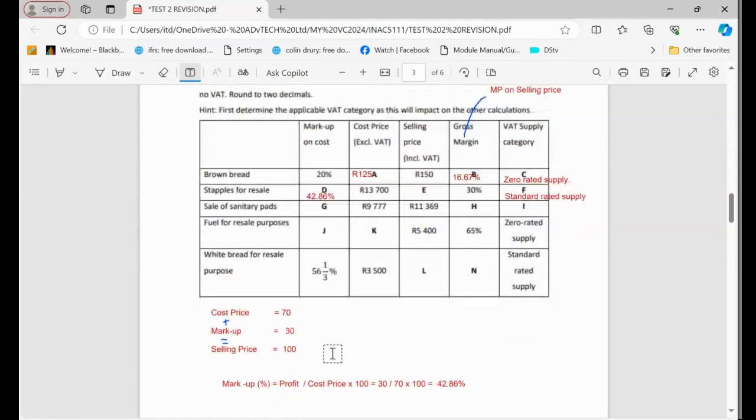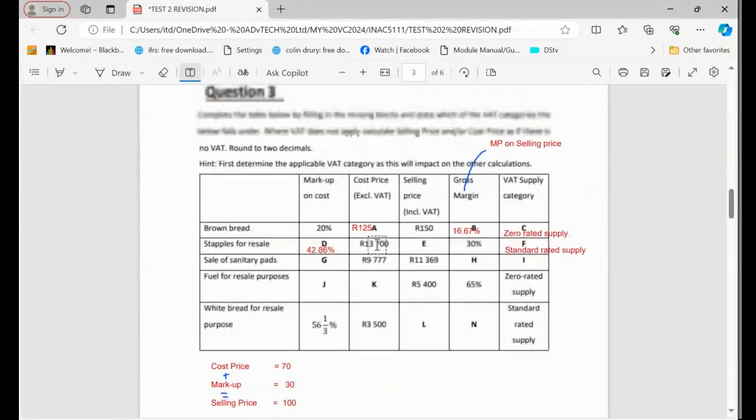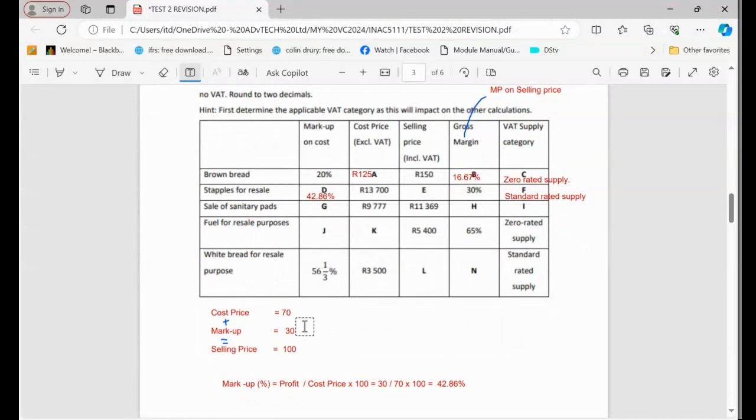I need to make sure that I calculate the selling price, but I need to be careful. I'm going to use this markup to calculate this selling price. This is a very complicated exercise.